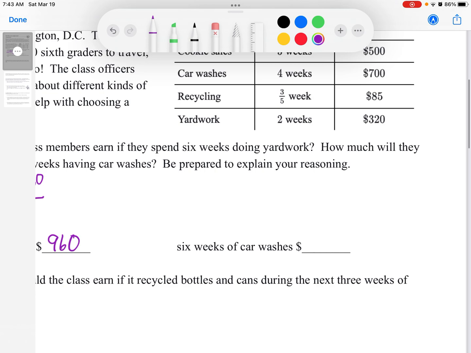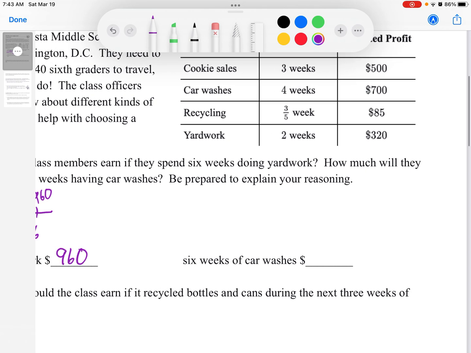All right, 6 weeks of car washes. Oof. So that one, if we set up a double number line, and let's just choose a different color here. If we do money and weeks here, and I set that up with 0, 0, right? This was for car washes.